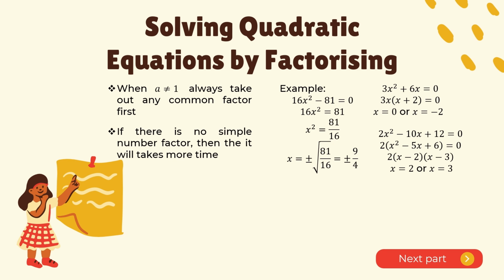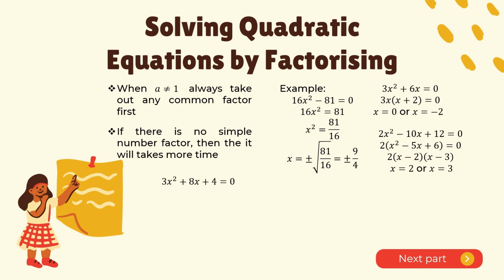But if there is no simple numerical factor, then the equation will take more time to solve. For example, 3x squared plus 8x plus 4 equals 0. There is no common factor among the three terms. So to solve this equation, we need to expand the 8x. How do we expand it?